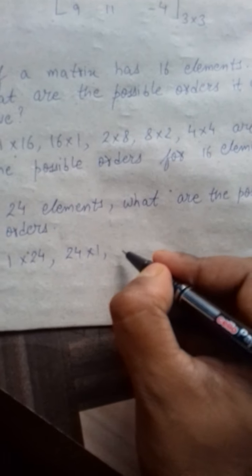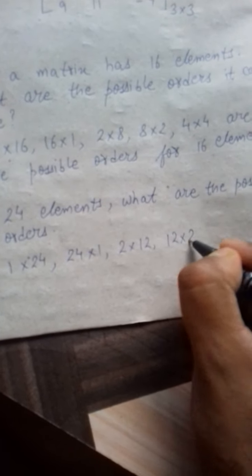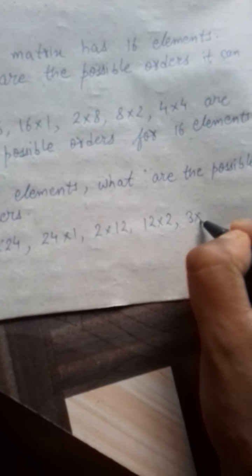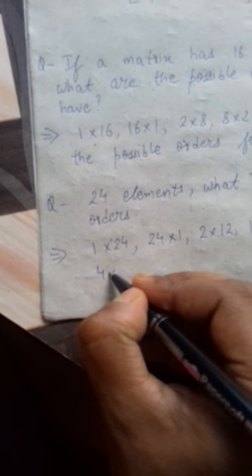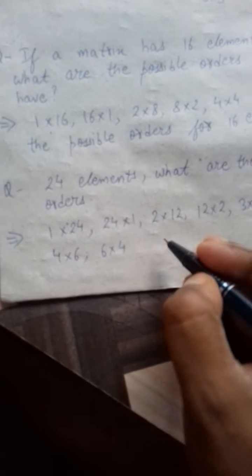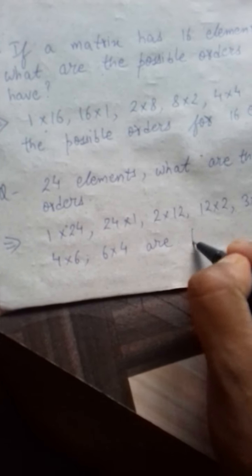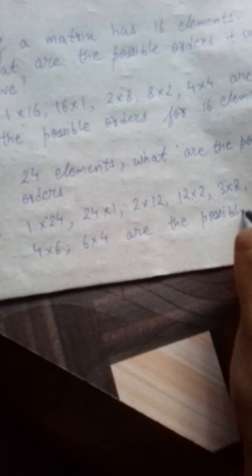Next, 24 is divisible by 2, so 2 by 12 and 12 by 2. Next, 24 is divisible by 3, so 3 by 8, 8 by 3. Next, 24 is divisible by 4, so 4 by 6 and 6 by 4. So these are the possible orders for 24 elements.